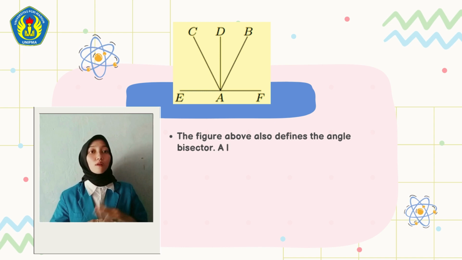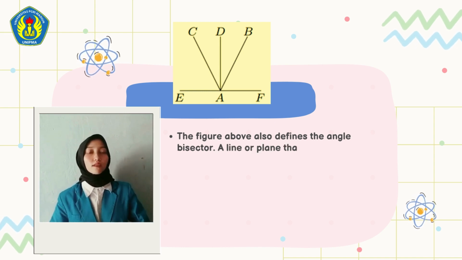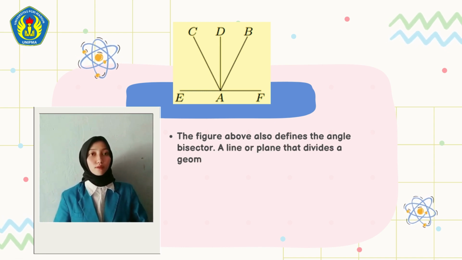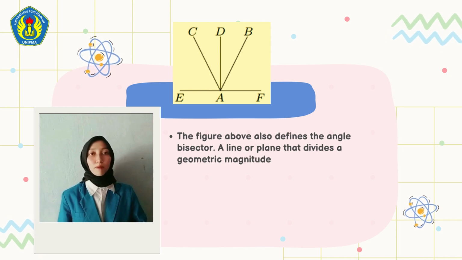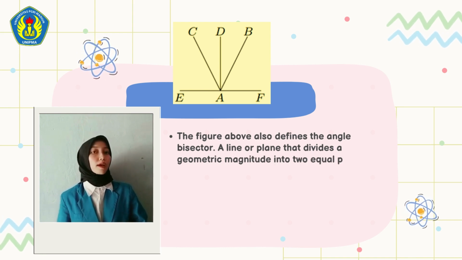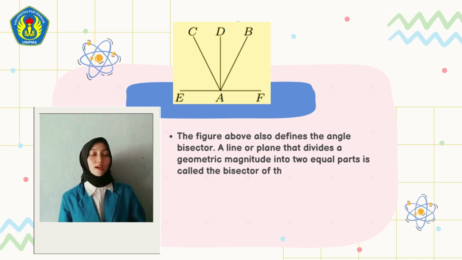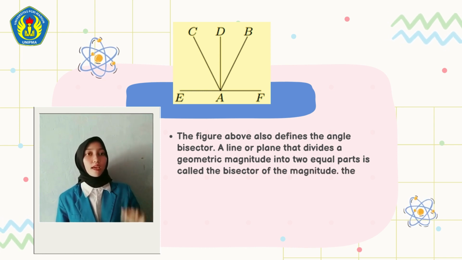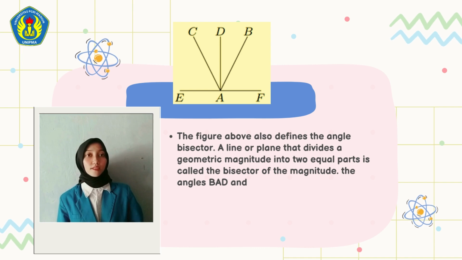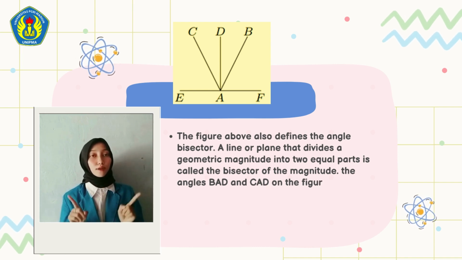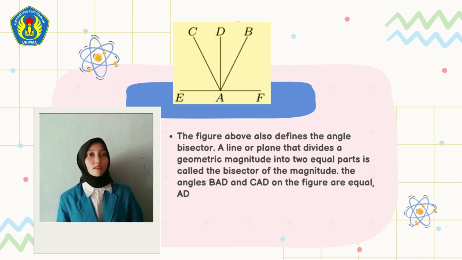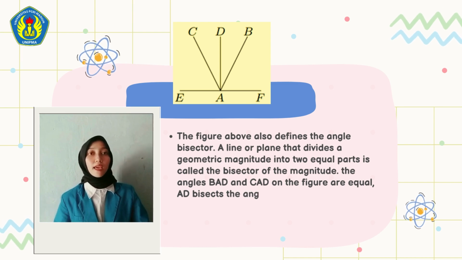A line or plane that divides a geometric magnitude into two equal parts is called the bisector of the magnitude. The angles BAD and CAD on the figure are equal. AD bisects the angle BAC.